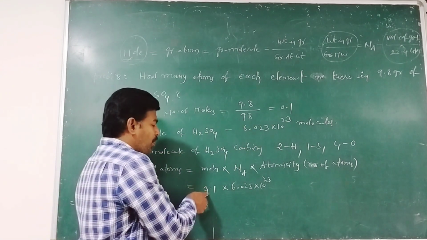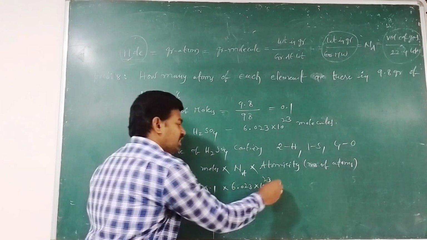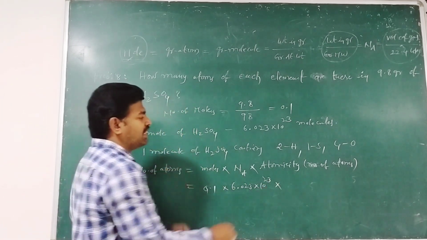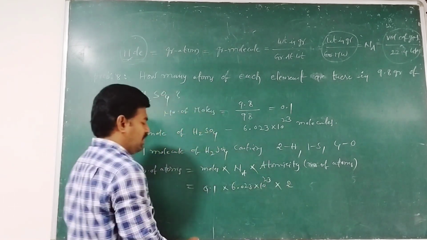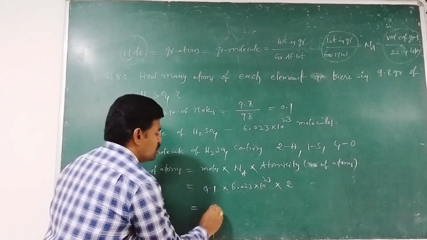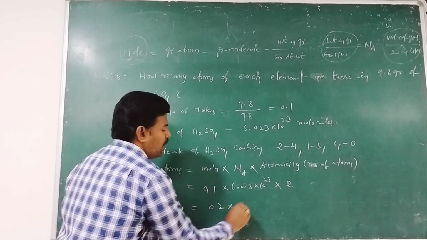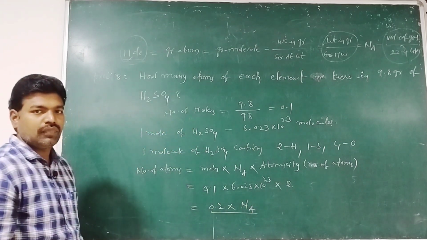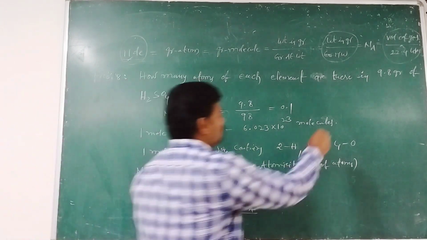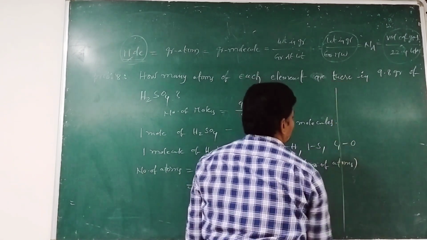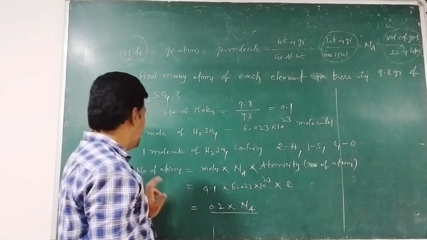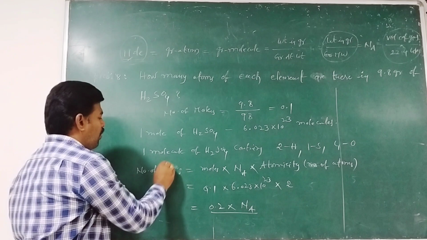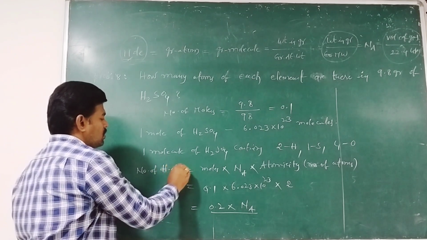And how many hydrogen atoms are there? 2 hydrogen atoms. Therefore that is equal to 0.2 into Avogadro's constant. This is for the number of hydrogen atoms.